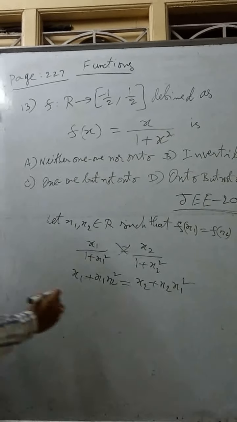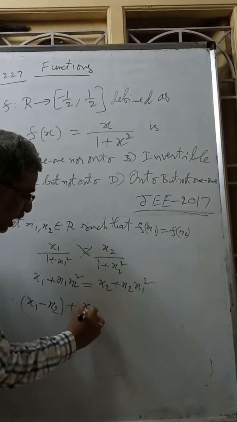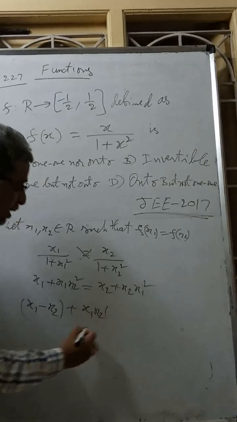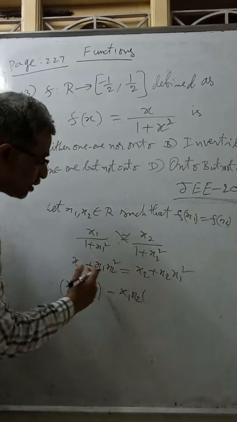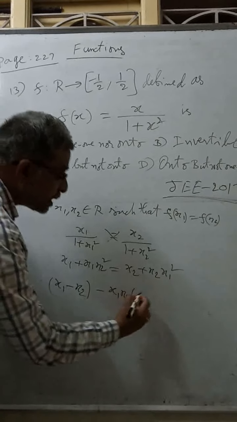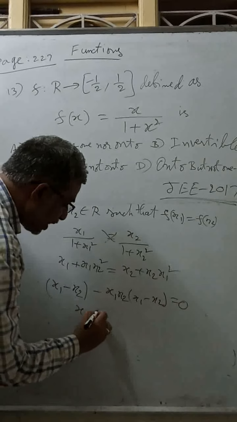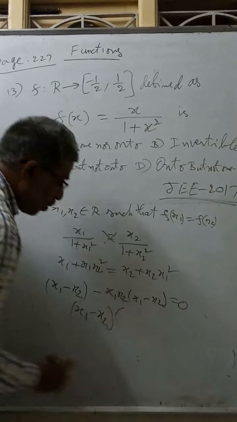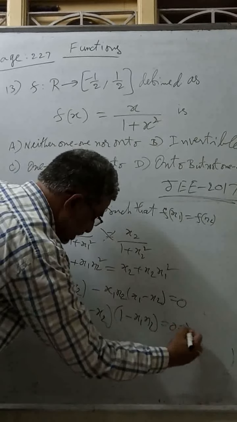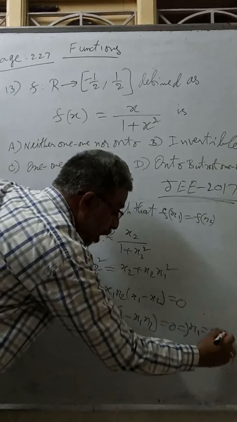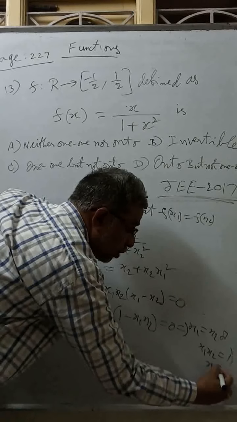Bringing everything to one side, taking common, x1 minus x2 into 1 minus x1 x2 equals 0. This implies either x1 equal to x2 or x1 x2 equal to 1, that is, x1 equal to 1 by x2.